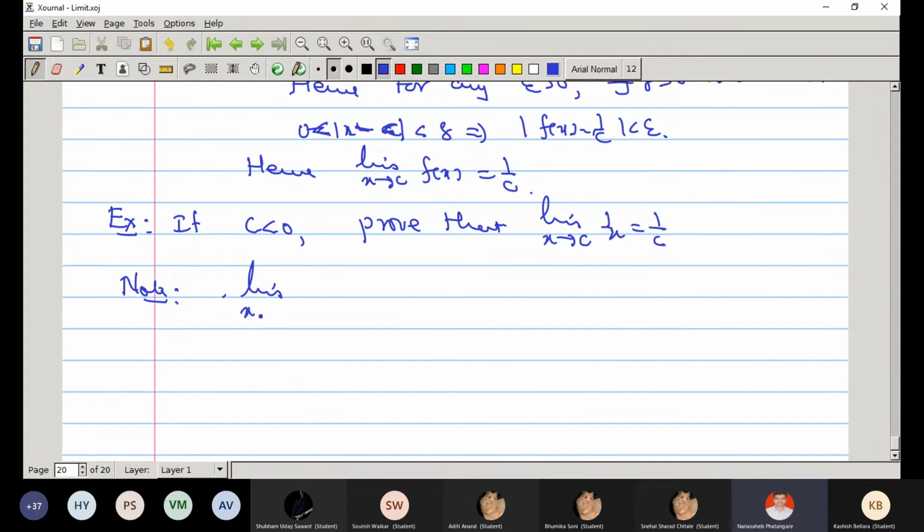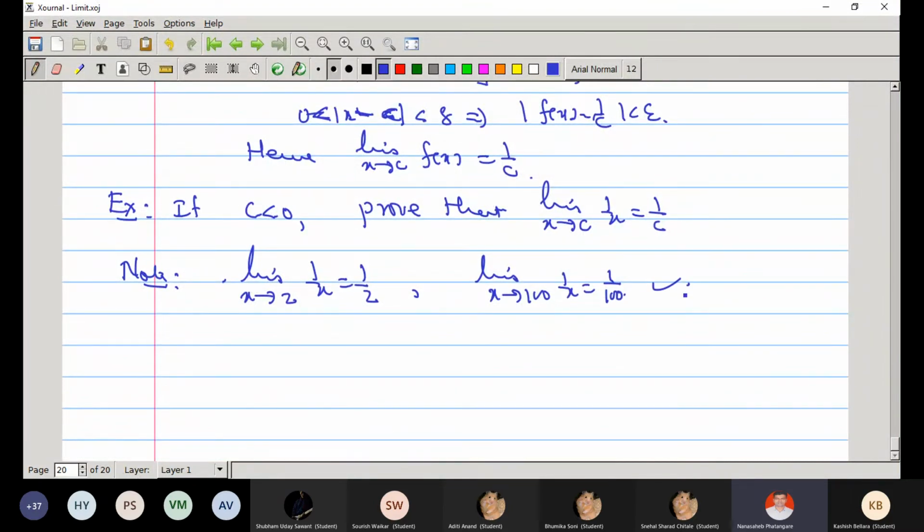So from that, can I say that limit x tends to 2, 1 upon x is 1 by 2 from the above discussion? Yes, because we have proved it for any c. So if c is equal to 2, it is true. Limit x tends to 100, 1 by x is 1 by 100, right? So this is obvious now because in general we have proved it. So the idea is clear.